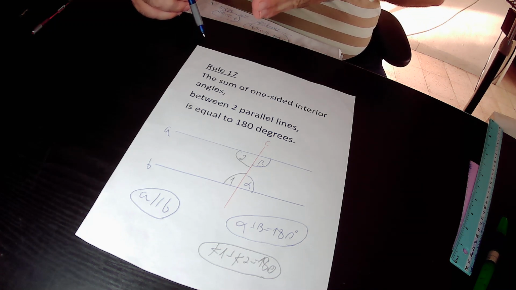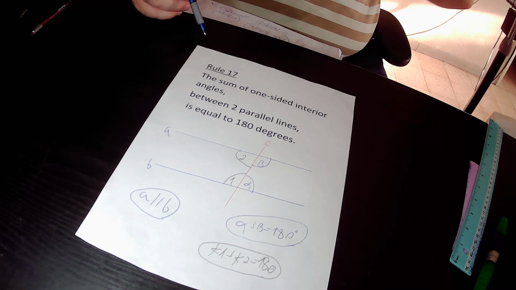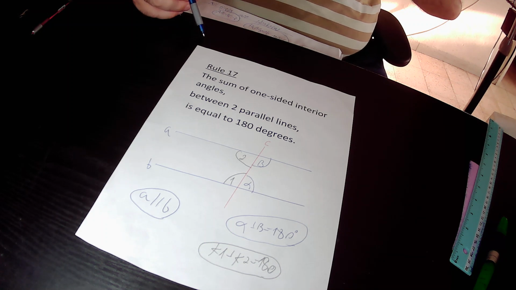And according to this rule 17, the sum of two one-sided interior angles is equal to 180 degrees. That is to say, alpha plus beta equals 180 degrees.